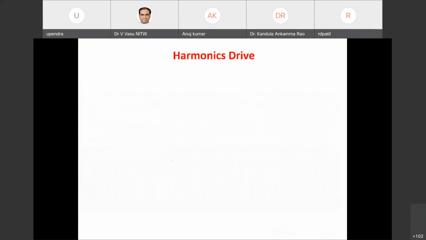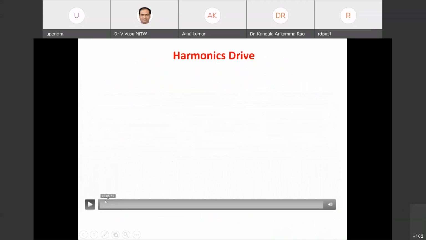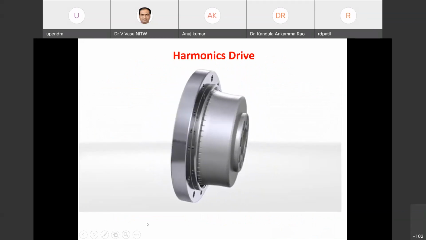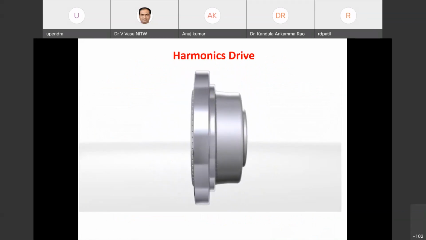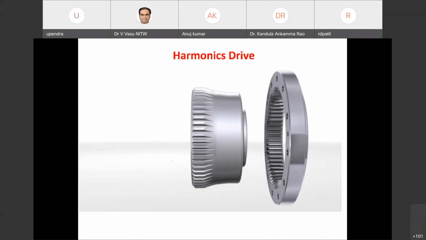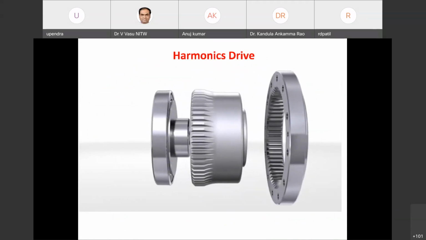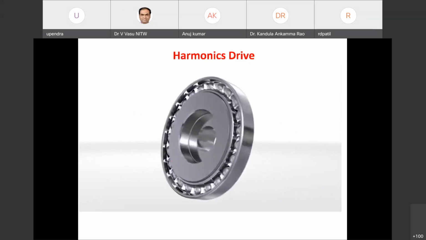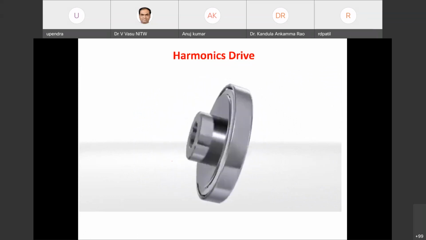Where the harmonic drives will be used. Element of the harmonic drive principle used in our gearboxes and servo actuators. Harmonic drive component sets consist of only 3 precision components: wave generator, flex spline, and circular spline. The wave generator is the driven element of the transmission.